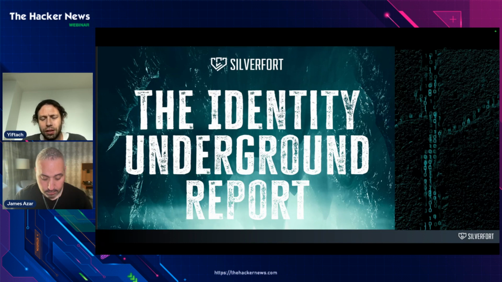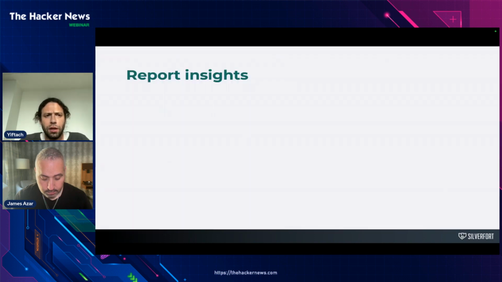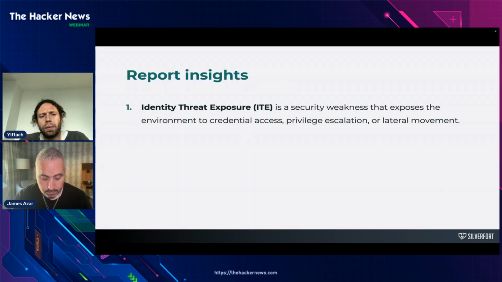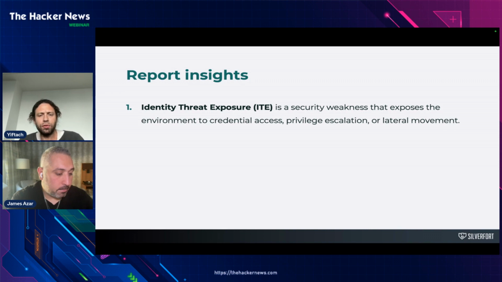It sounds a bit vague, but let's dive deep into that, and we'll understand it in a minute. Let's think about a term: identity threat exposure. What is that? It's a security weakness that exposes the environment to credential access, privilege escalation, or lateral movement. All three of these are within the standard cyber kill chain.